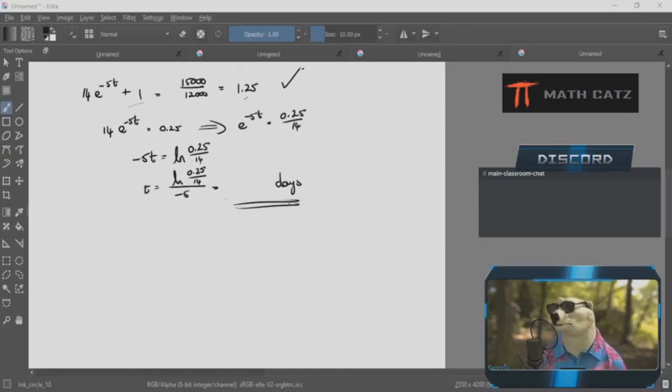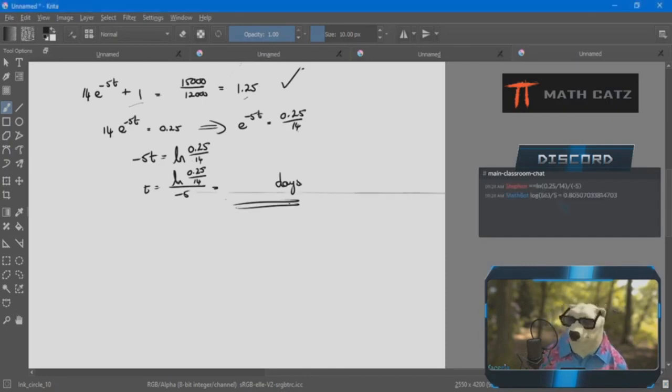Sometimes MathBot doesn't like me to go back and edit previously typed in stuff. Natural log, divide that by negative 5. There we go.